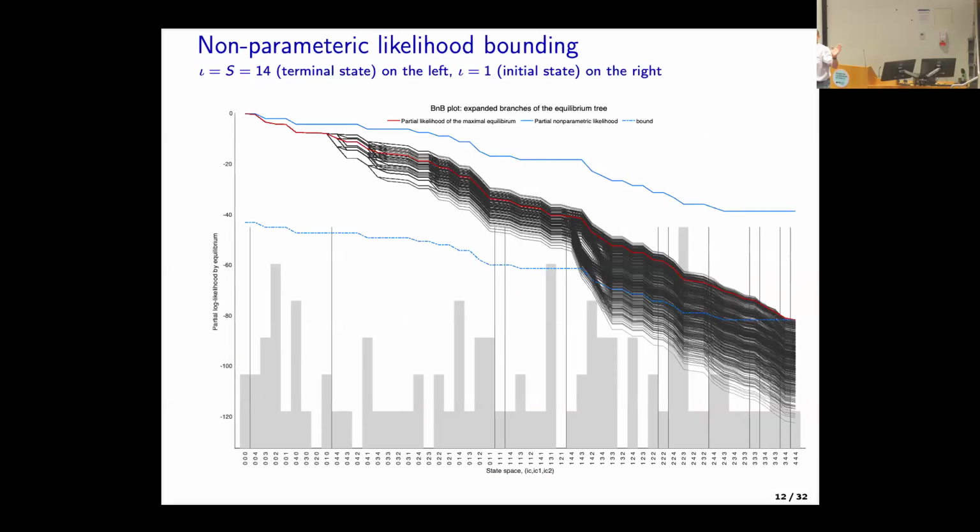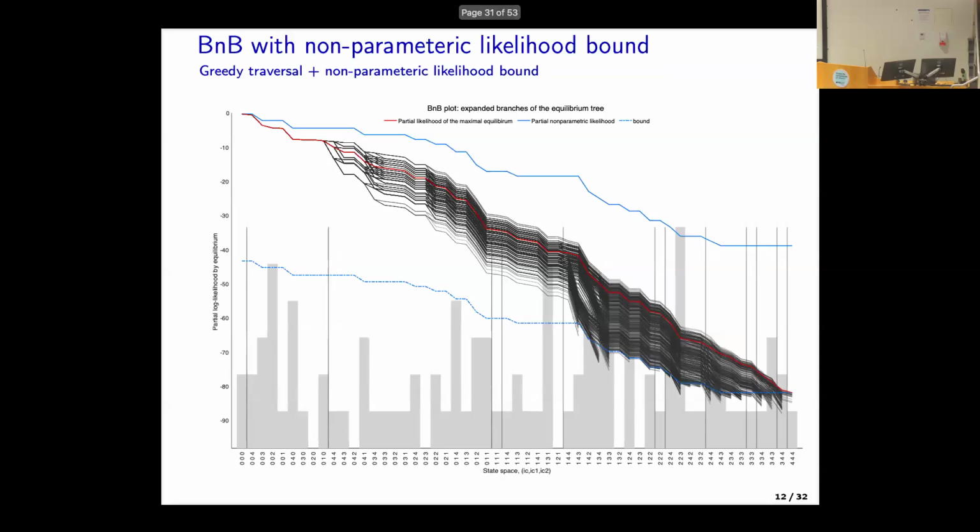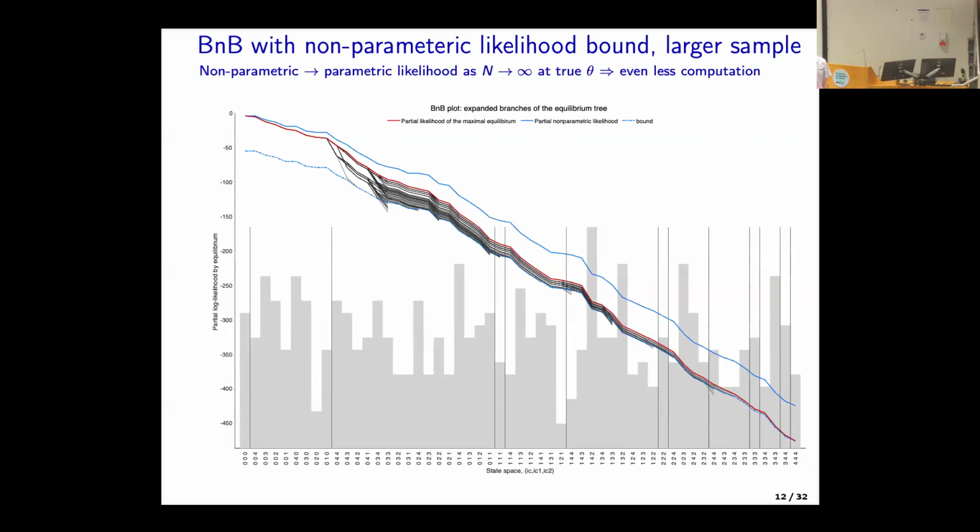Okay, if this idea is clear, then let's think about what happens as the sample size increases. Because, okay, this is my optimistic cut down of the computations here. But then as sample size increases, my blue line, the non-parametric likelihood, is going to approach the parametric likelihood, at least if the model is well specified and we are close to the true parameter.